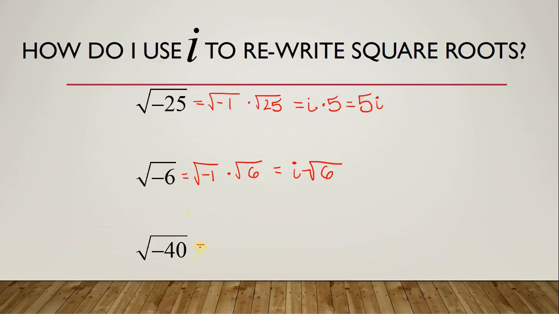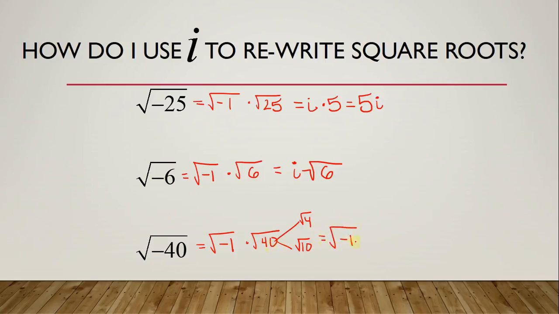Now let's try this one. Square root of negative 40. Well, very first thing, I need to pull out the square root of negative 1, because there's a negative there. But now 40 breaks down, doesn't it? Long ago, remember when you were breaking down square roots, you found the biggest perfect square that can go in, and then you divided it and stuff like that, right? So the biggest perfect square that I know goes in there is 4, and 4 times 10 is 40, right?